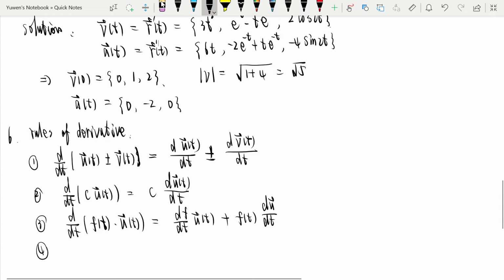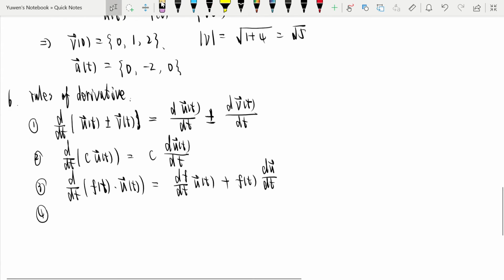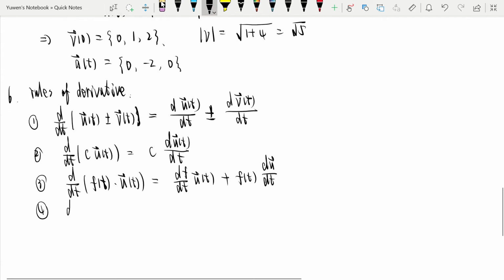The fourth one is the product rule for dot product. If u(t) dot v(t), then take the derivative. That is the derivative of u dot v plus u dot dv/dt.